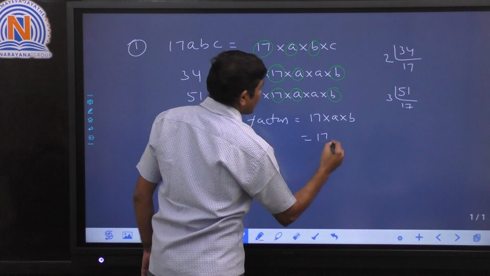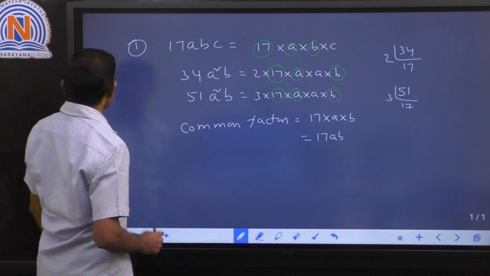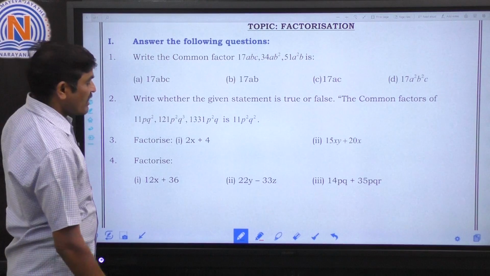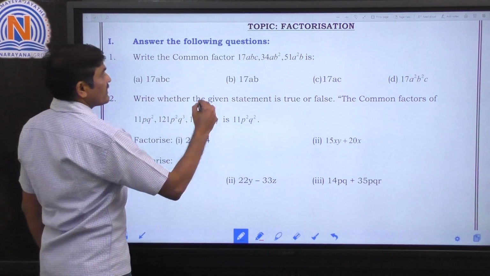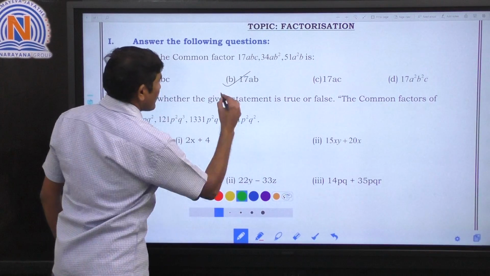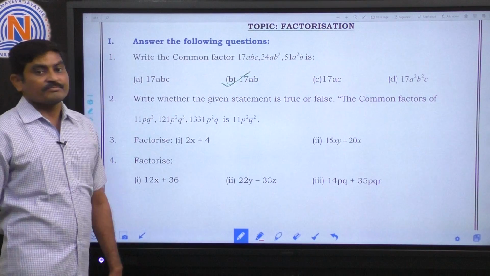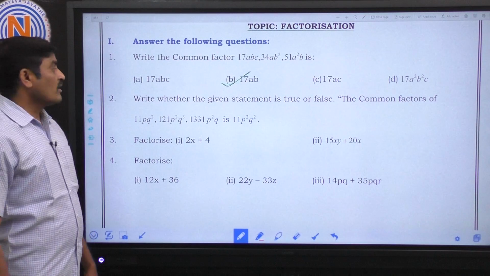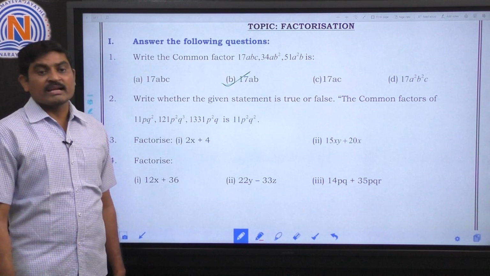So that is 17ab. I got the answer 17ab, so the second option is the correct answer.